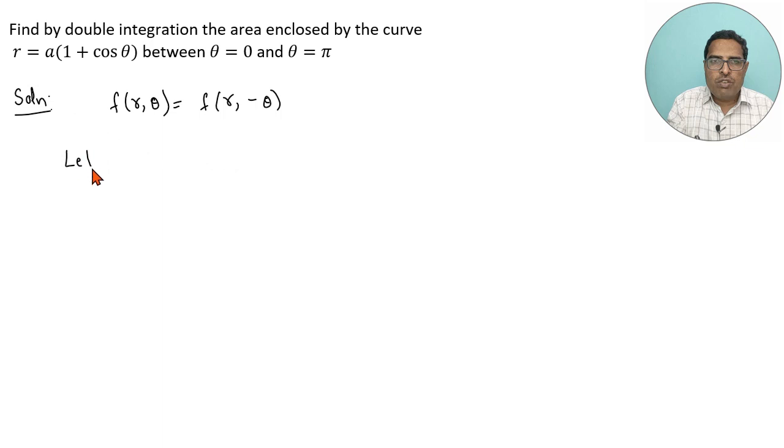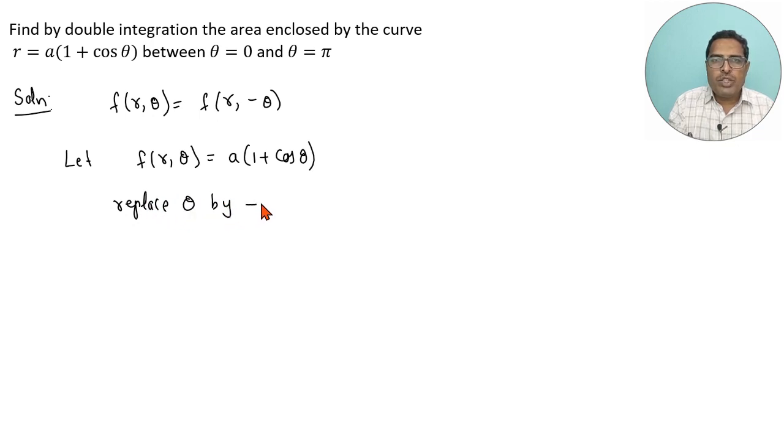So let us take the function as f of r comma theta equal to a into 1 plus cos theta. Now let us replace the value of theta by minus theta.